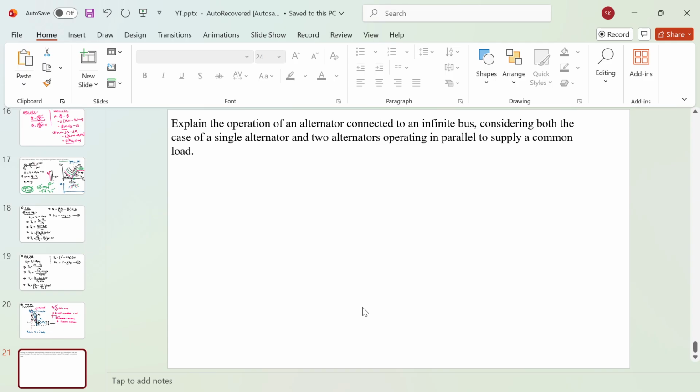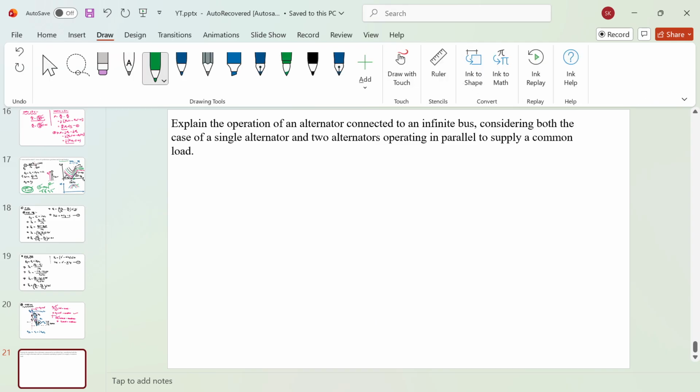And whenever I say the operating principle of the alternator in these three cases, basically in all three cases I will change the input power. So these are the points that I'll consider during this analysis.